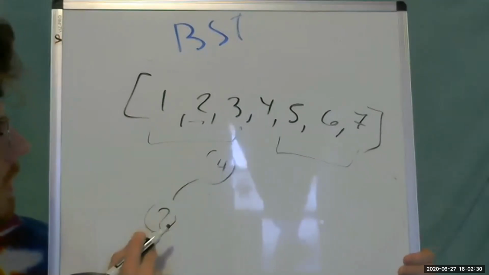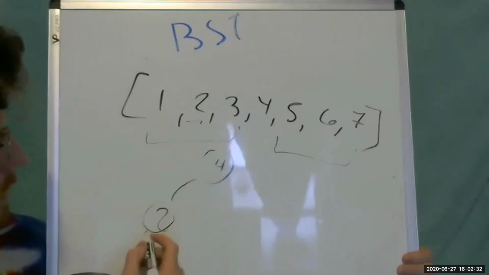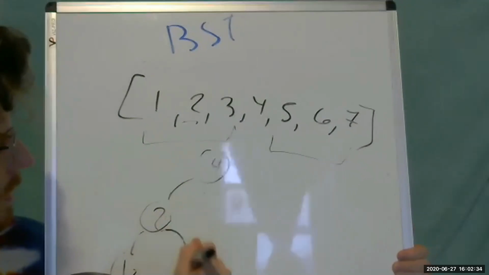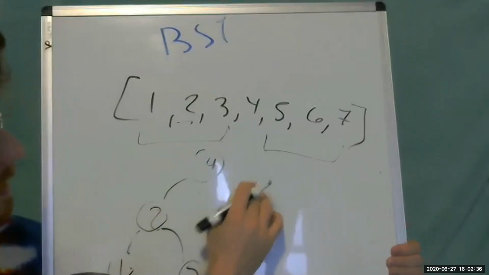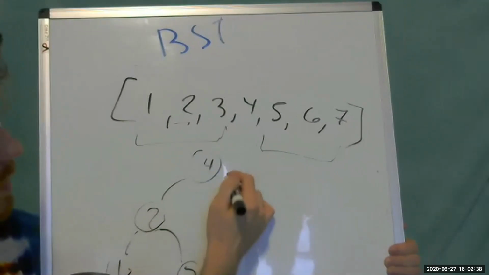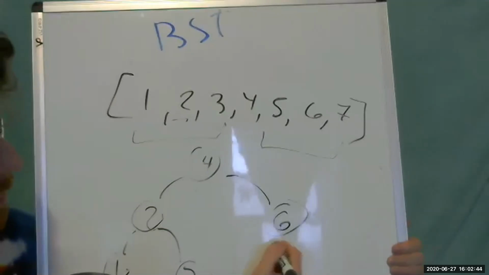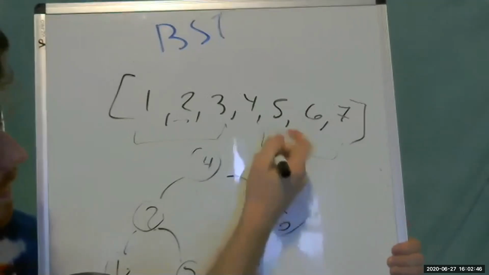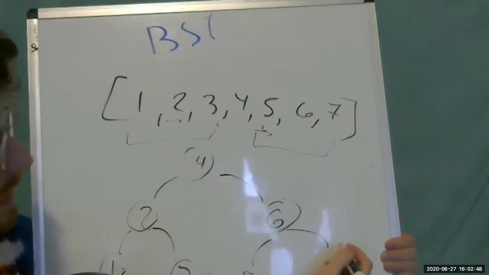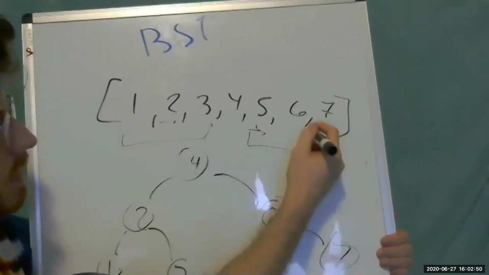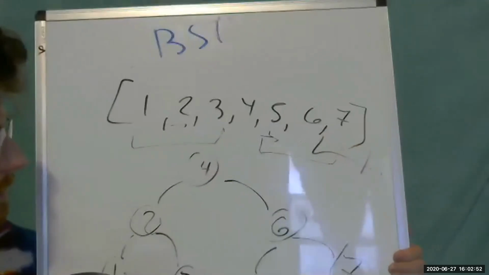And then we could call it on this side, and we'd have our 1, and we call it here, and we have our 3. And over here, what would be a nice right side node? 6, right? Because then we would have this nice 5 when we called with this side, and we would have this nice 7 when we called with this side.